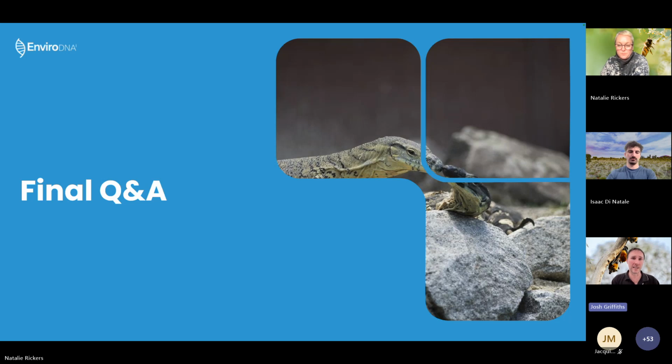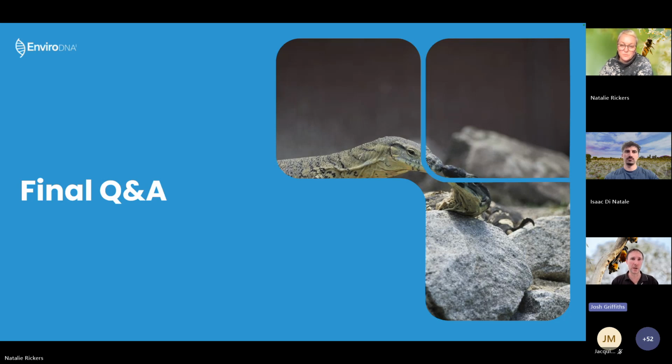Recently, for one of the snake species that Isaac presented before, we've actually got that methodology accepted as one of the approved methods. I think that was in New South Wales, Nat, was it? I think so. I would have to double check. I can't remember, sorry. But yes, we would love to know what the best pathway is to be able to provide evidence for various species.